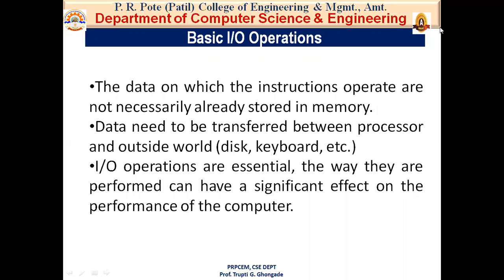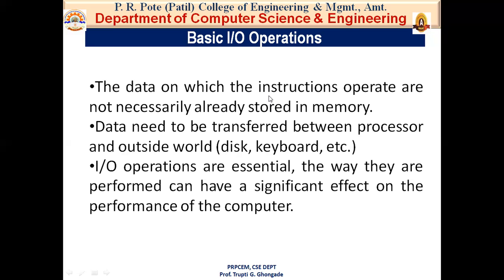As we already know, the data on which these instructions operate are already stored in the memory. But sometimes the data on which instructions operate are not necessarily already stored in memory, because sometimes instructions operate on data which is directly transferred from the input unit to the output unit with the intervention of the processor.